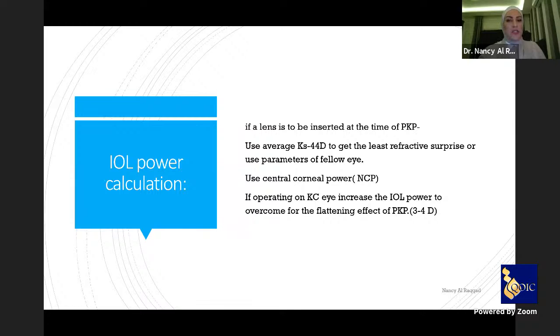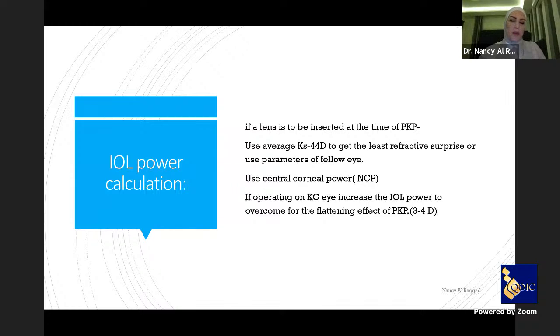So if a lens is to be inserted and you have to insert it for a reason or another, at the time of the transplantation, you either use the average case and you take 43 or 44 diopters to get the least refractive surprise, or use the central corneal power, which I think Dr. Zaina was asking about shortly. In operating on a keratoconus eye, I usually tend to overcorrect or use an IOL power that is more by 3 to 4 diopters to overcome the flattening effect I'm going to do with my PK.